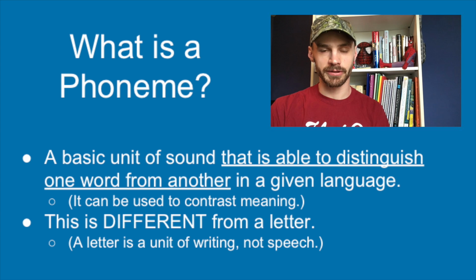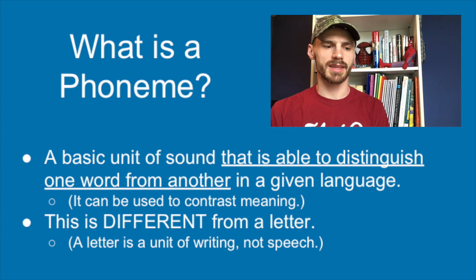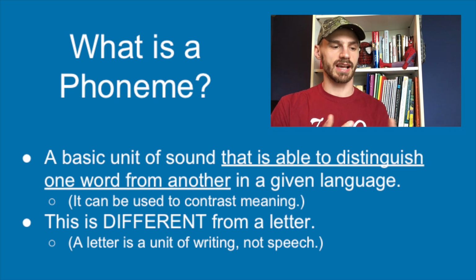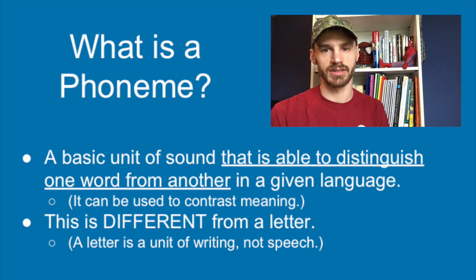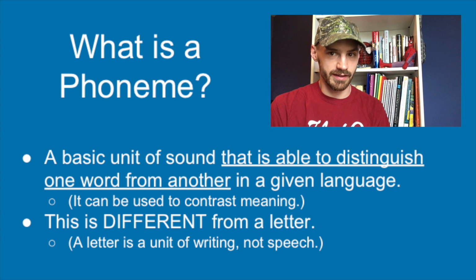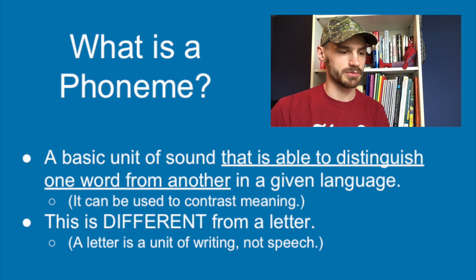And that's important because there are sounds in language that cannot be used to distinguish one word from another. So in order to be a phoneme, it has to be able to contrast meaning. And it has to be in a given language. We already talked about how that's important.